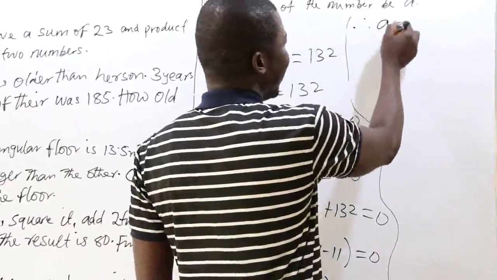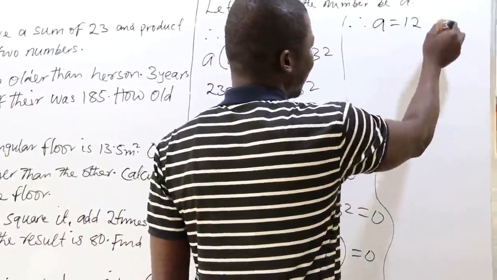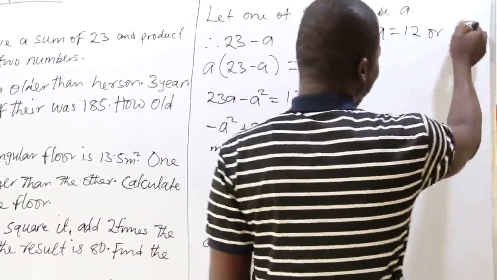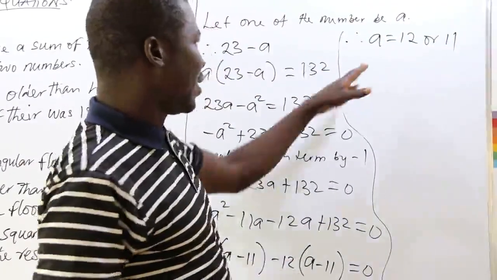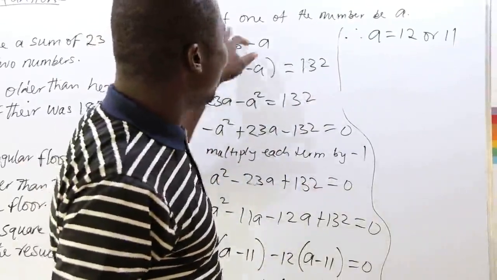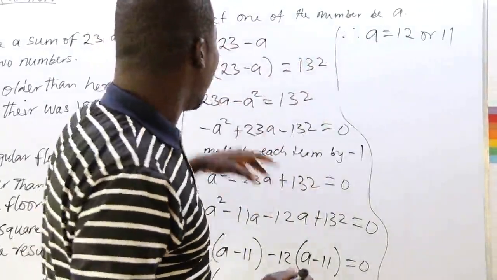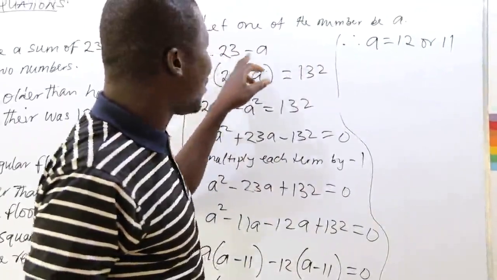Therefore, a is equal to 12 or 11. Now we know the value of a, and we said let one of the numbers be a, and therefore we have 23 minus a.